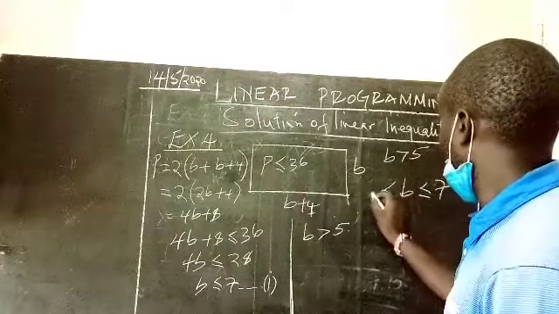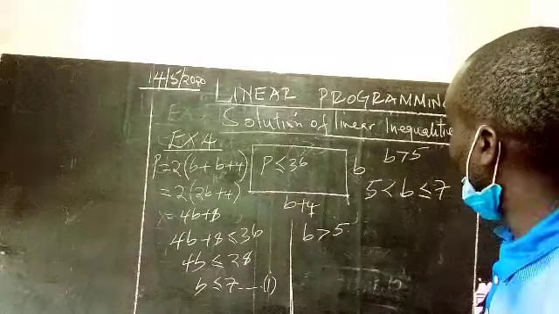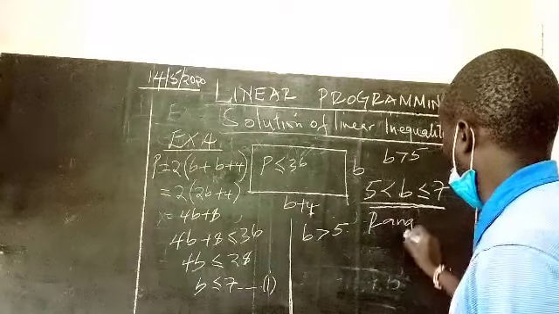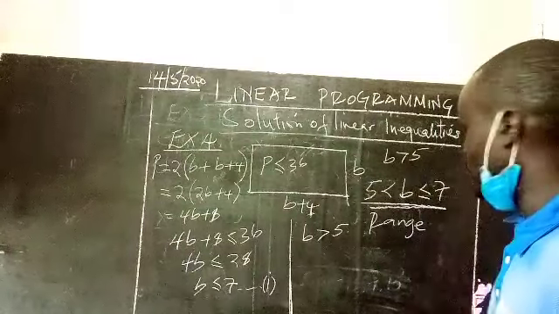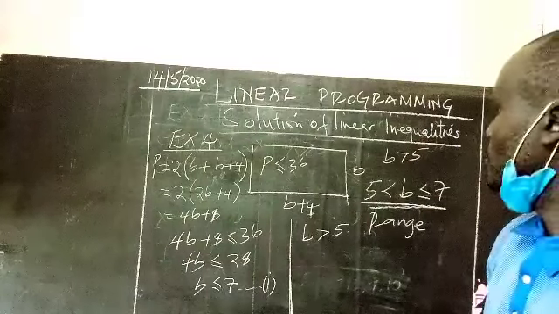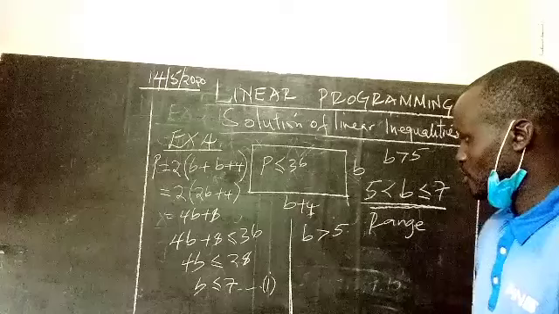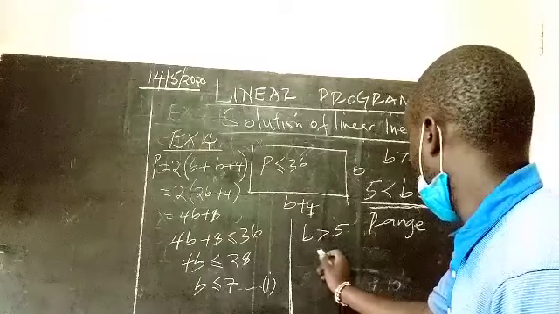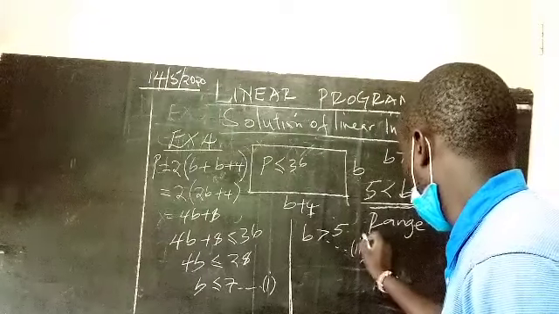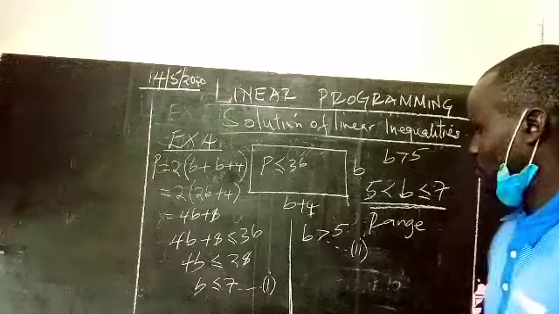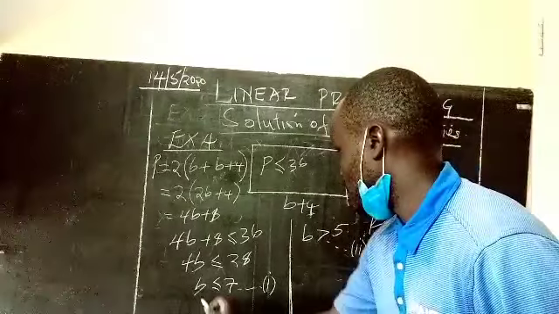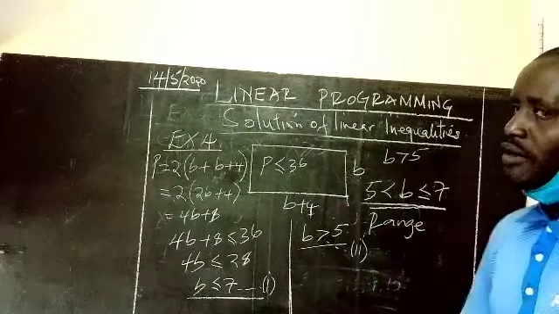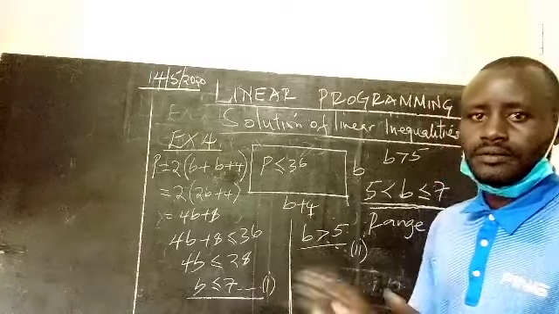So this is the range that satisfies these inequalities. This is our first inequality, the second inequality, and also we have this range of values. It's as simple as that.